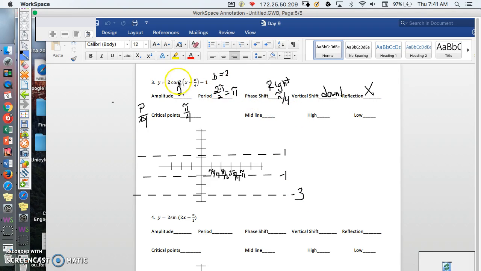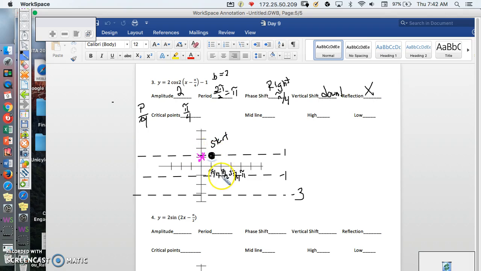And then let's see, cosine. Well, cosine is going to start high. But what happened here? It's to the right pi over 4. Well, one tick mark is to the right pi over 4. So it will start here.